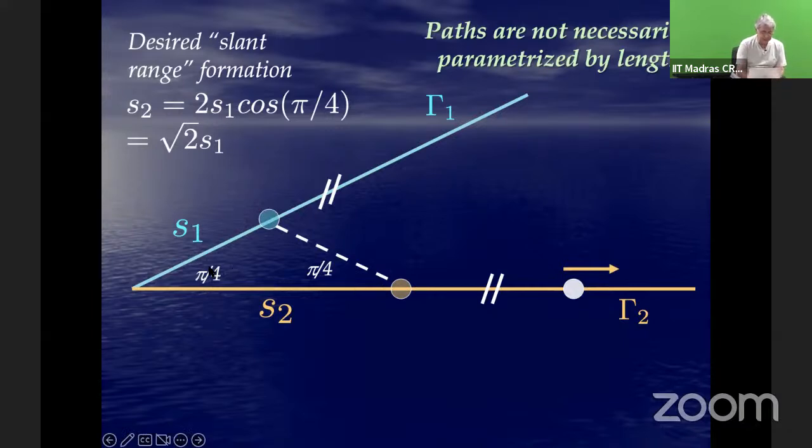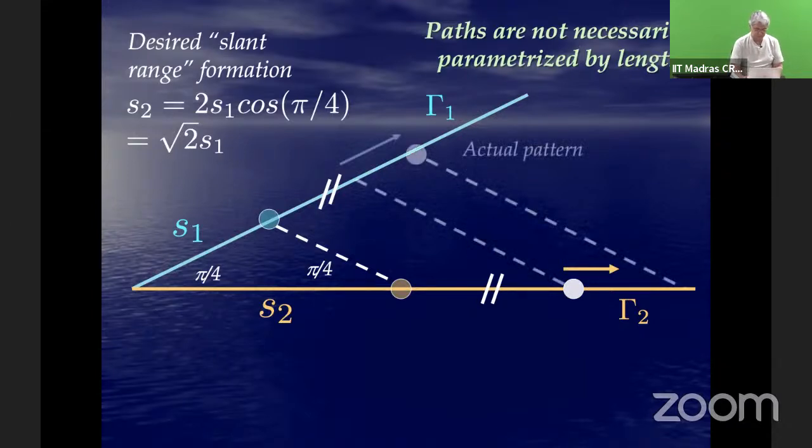It's obvious in this case that if you have one vehicle here and the other vehicle there, the length here is not equal to the length there. So if you want to reach this formation by declaring that the lengths are equal, it's a lost cause. But if you compute S2 compared with S1, you'll see that it is the square root of 2 times S1. Okay?